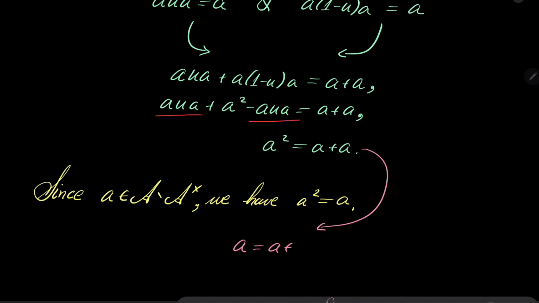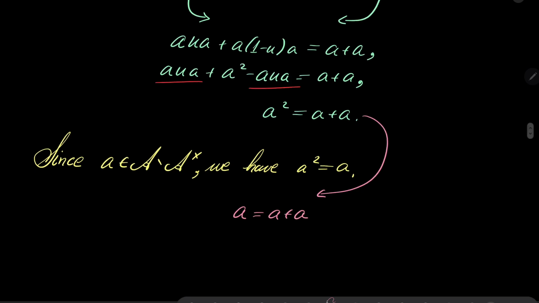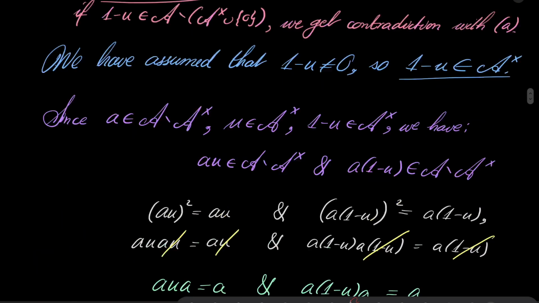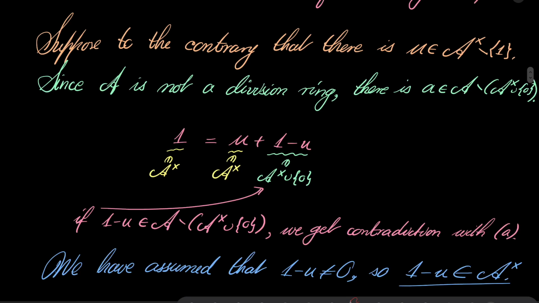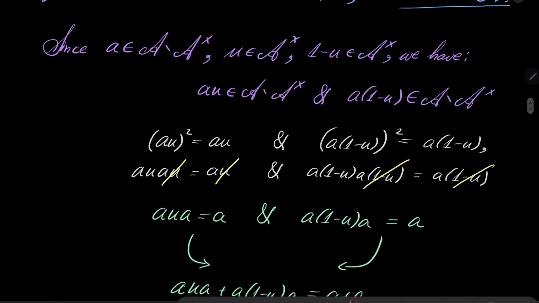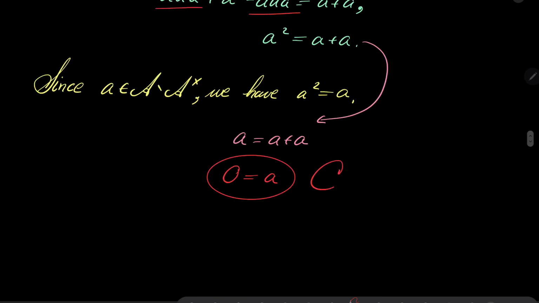A equals A plus A, and after subtracting A, we get this problematic equation, 0 equals A. But remember that it is contrary to our assumption, because if we go back, we have chosen A to be not invertible, but also not to be 0. So we get a contradiction. Which means that in fact the only invertible element of our ring is 1.